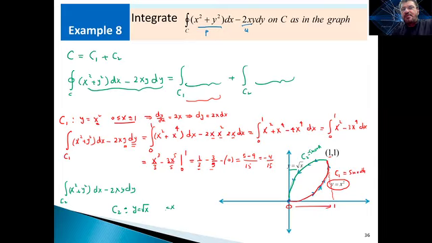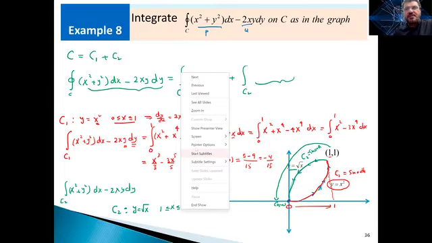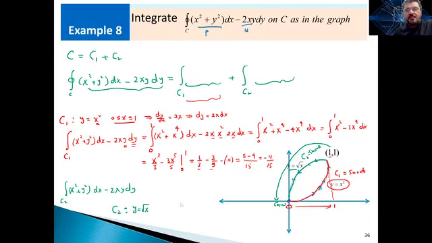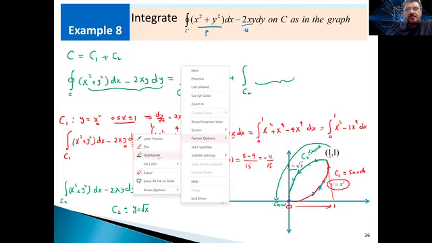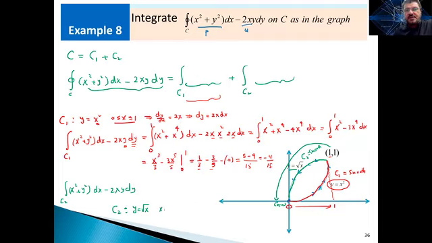And x from where to where? Be careful. This point is 0 and 0, so x is going to go from 1 to 0. It's kind of weird to write it this way, but x goes from 1 to x equals 0.